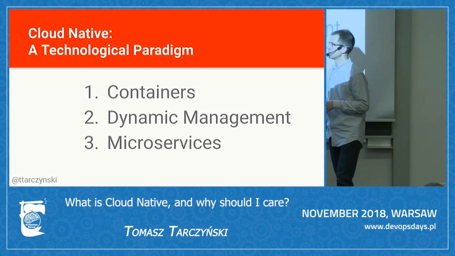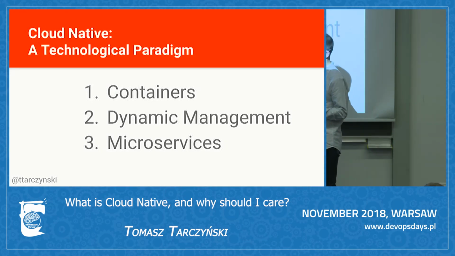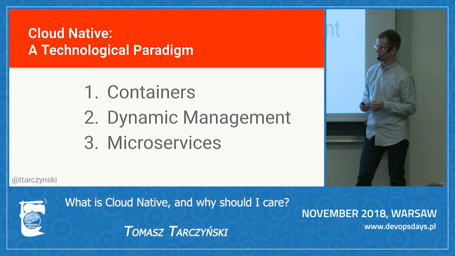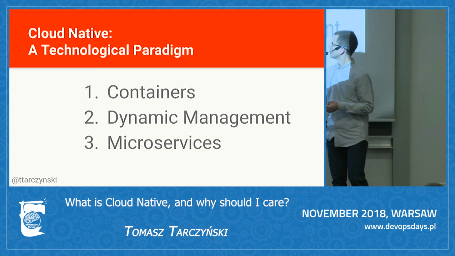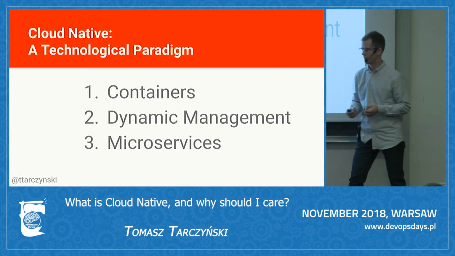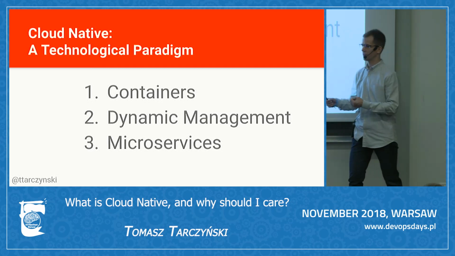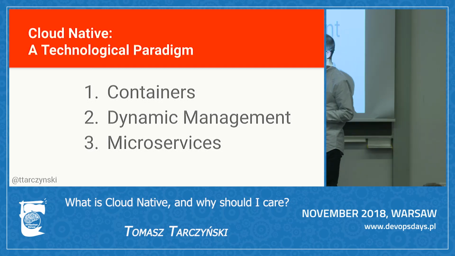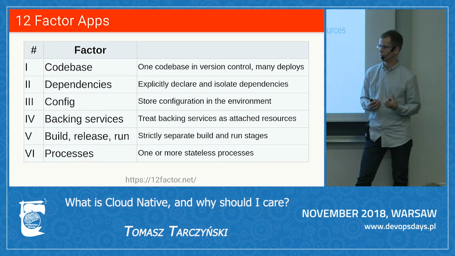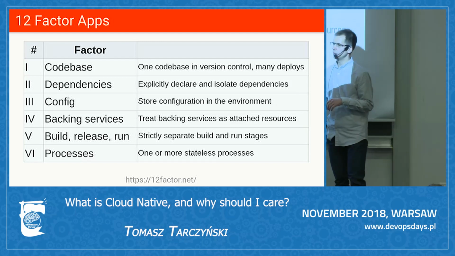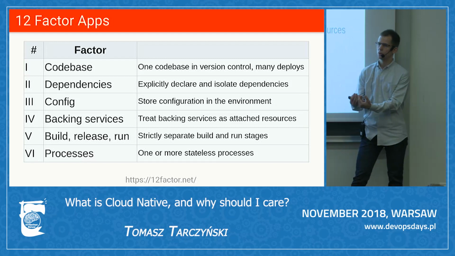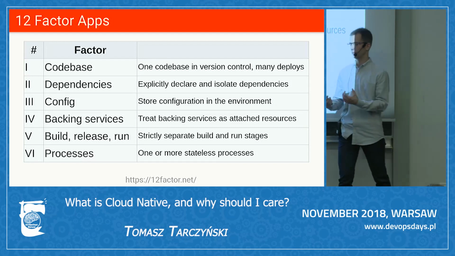Okay, so cloud native seems to be a technological paradigm that prescribes basically those three methods: container-packaged applications, dynamically managed, and microservices architecture. And one more theme that is, I think, also related to that. So how do you want to architect your applications to be able to run in such an environment?